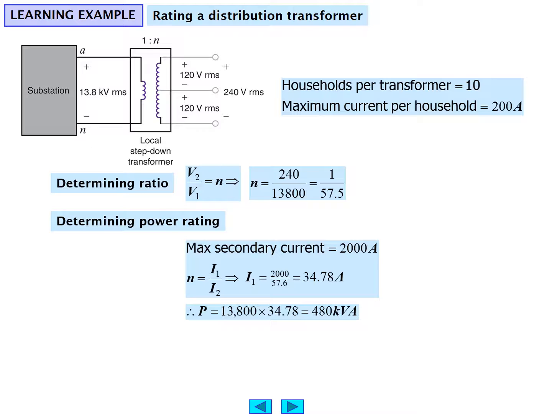But the overall power of this transformer as a result is 480 kilovolt amperes. Since it's not resistive and a loss, it's measured in volt amperes, VA. We also know that power is 240 volts times 2,000 amperes on the secondary side, and it was the same result, because this is assumed to be a lossless transformer.